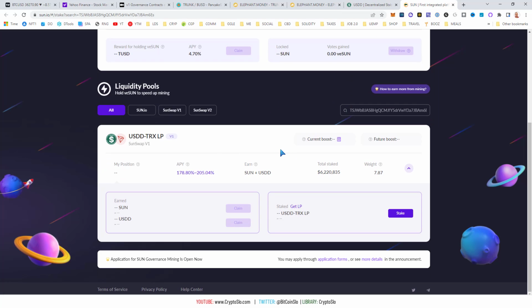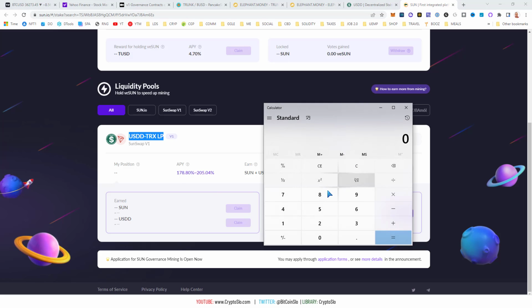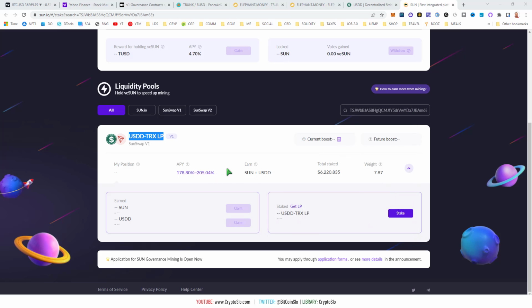The best pool that I'm seeing so far is the USDD TRX, paying 205 max. So let's say that it was 205 divided by 365. It's about 0.0056 a day. So yeah, not too bad.